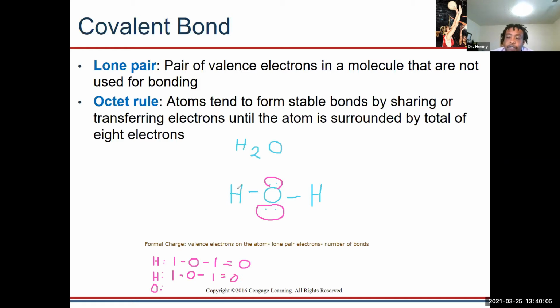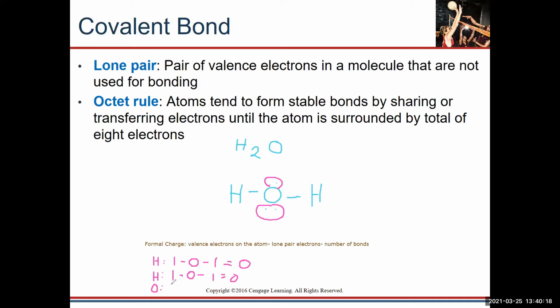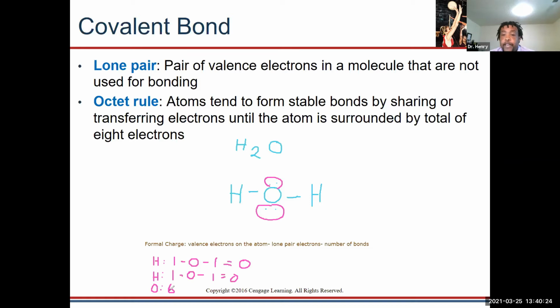So in this case, we have oxygen in the middle. How many valence electrons does oxygen have? It has 6 in total, not the 4 around it, because we're saying valence electrons. So we have 6 valence electrons.